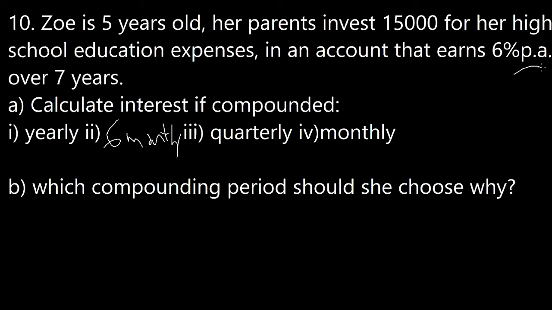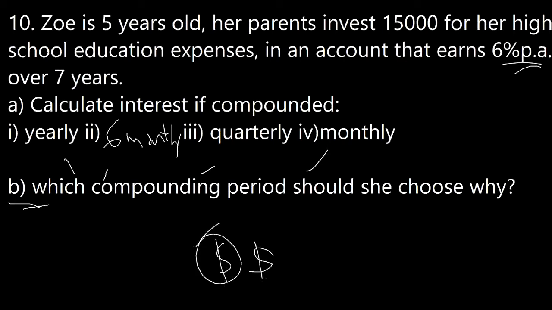So we're going to start off with question B because we sort of covered this in our explanation video that we did before this one. Usually if the rate's the same and the amount's the same, then you want to choose the smallest period, because the more times you get paid your interest, the more dollars they have to pay interest on.